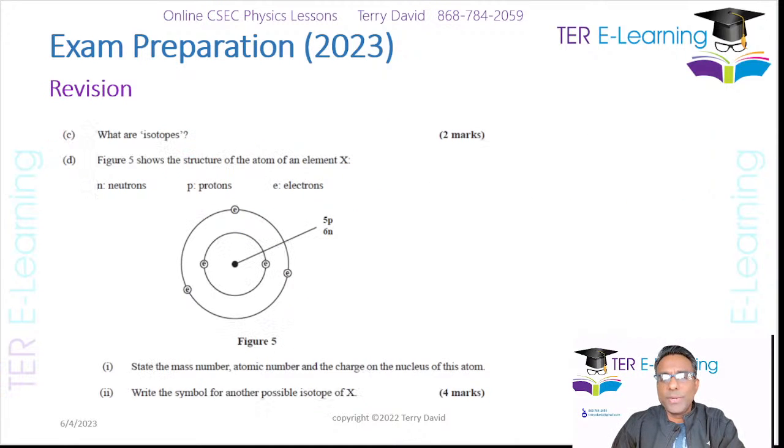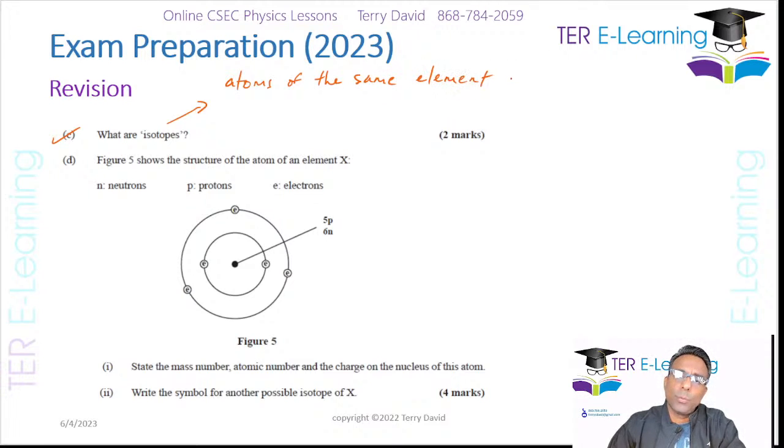Let's see what else we have to do here now. Part C: what are isotopes? This one is straightforward, and some of you doing chemistry should know this. They are atoms of the same element with the same number of protons but a different number of neutrons.